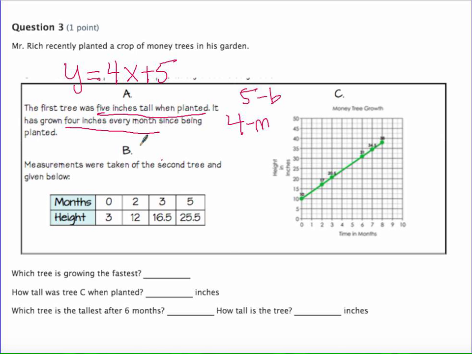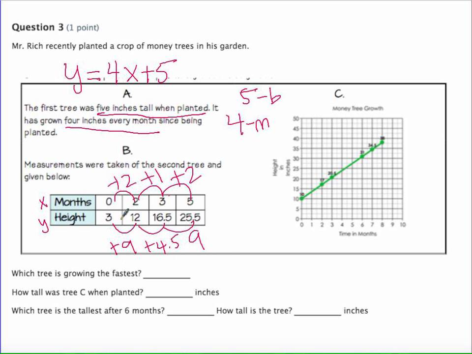Okay, measurements were taken for the second tree, tree B. So I have a rate of change here, change in y over change in x. This is going up from 3 to 12, that is plus 9. Then from 12 to 16, that's 4.5. And then it continues 16 to 25.5. So this is up 2, up 1, up 2.